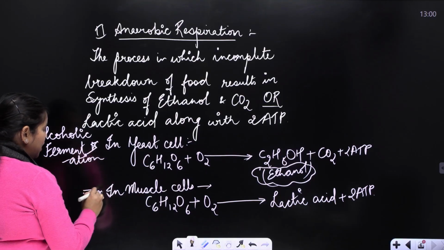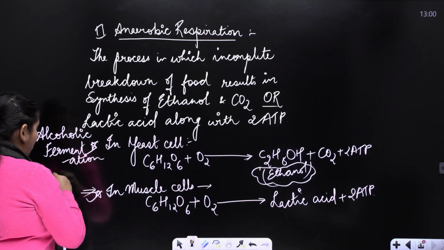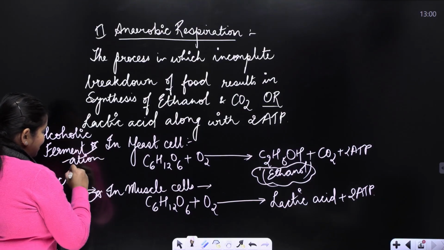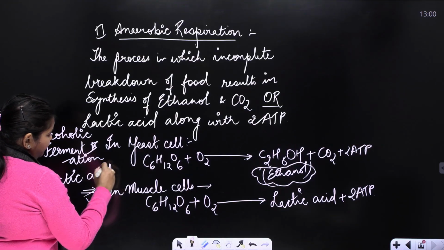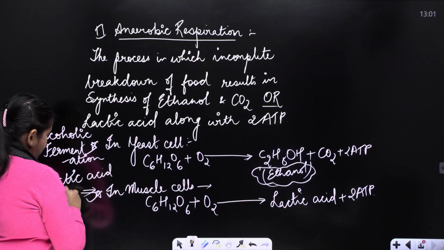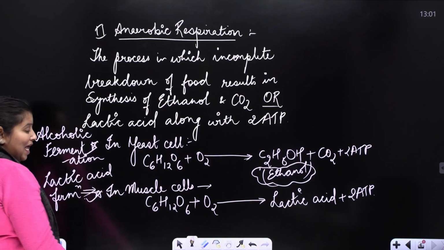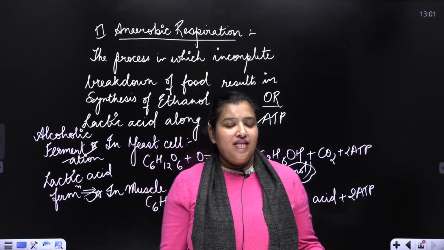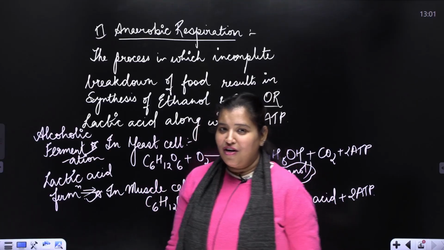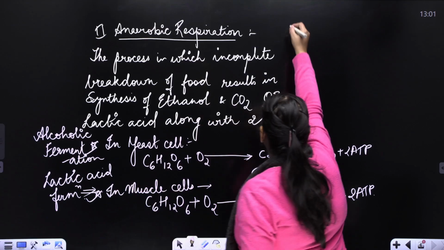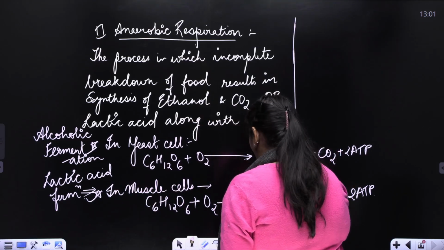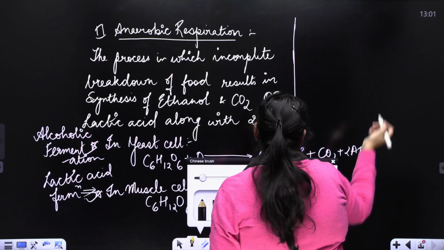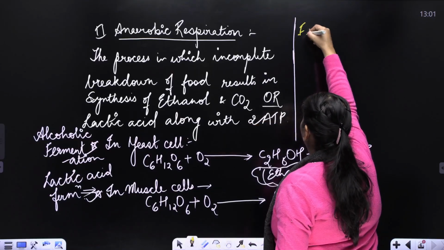And this one in the muscle cell is called lactic acid fermentation. So what is fermentation? Yes, how you will define this answer now. That is the reason I left the space here. How will you define what is fermentation?